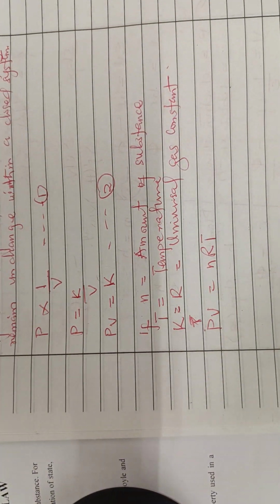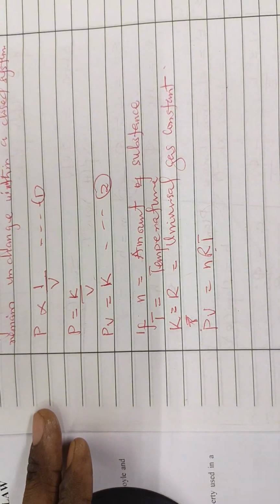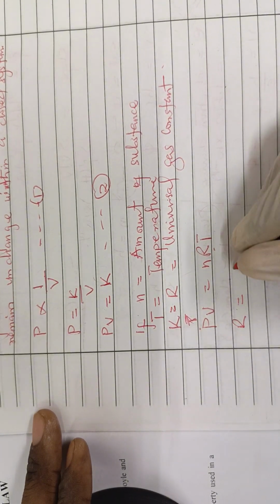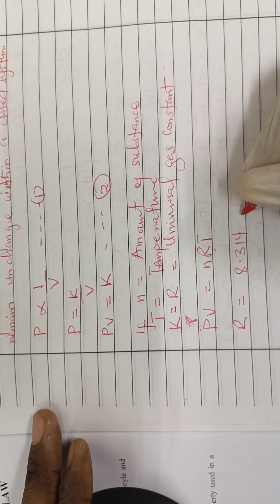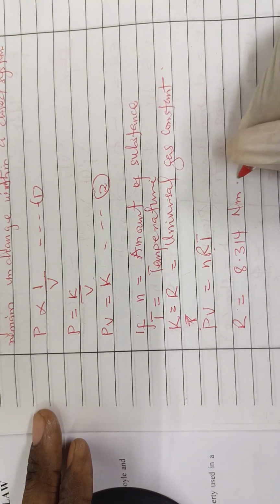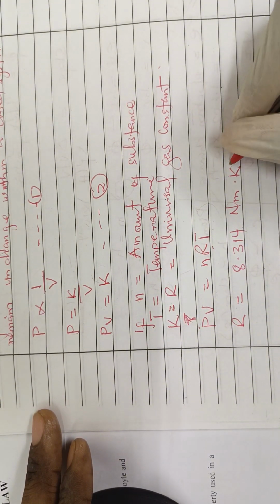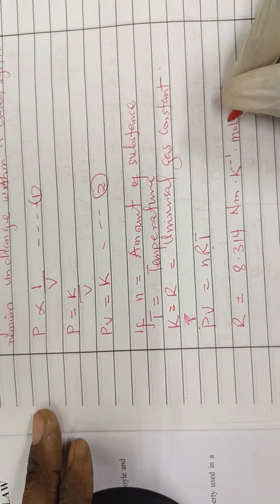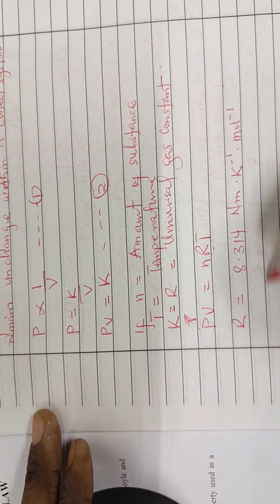From this equation, we are supposed to find R, our universal gas constant, and we know its value to be 8.314 Newton meter per Kelvin per mole.